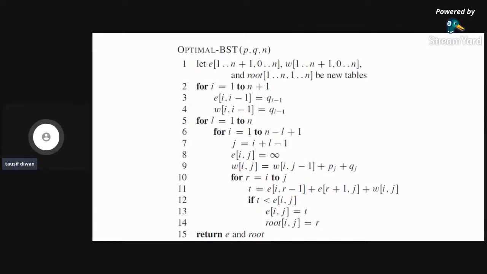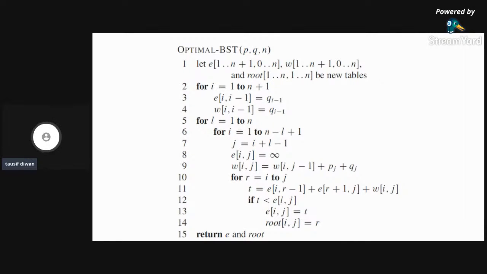Now the final thing is the total time complexity for that algorithm. Here L is ranging from 1 to n minus L plus 1. Here we can note that there are three nested for loops: the outermost for loop, the middle for loop, and the innermost for loop. The outer for loop is running n times. The middle for loop is also running approximately n times, and the innermost loop is running from i to j.